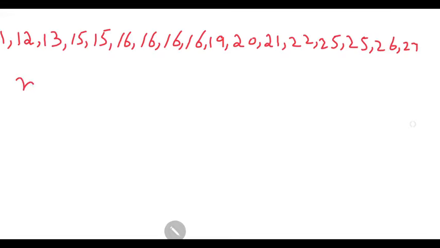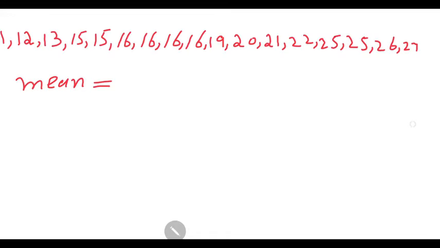So the mean is equal to the sum of all values divided by the number of values. The number of values is 17, and the sum of all values is 11 plus 12 plus 13 plus 15 plus 15, and so on till the last, plus 27.